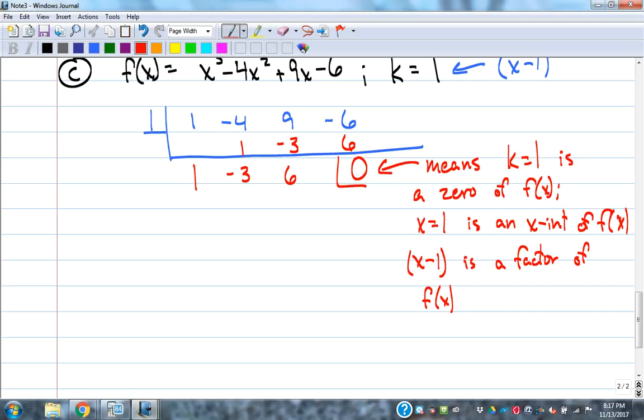They could be asking us to write this in that factored form because we got a function notation that f of x equals. If they did, we'd be dividing by x minus 1. Here's what's left: x squared minus 3x plus 6. Our remainder is 0.